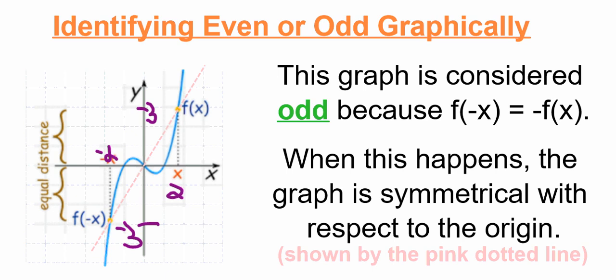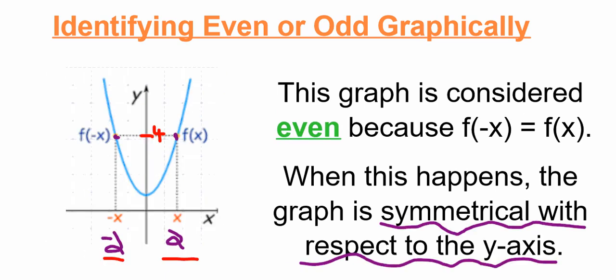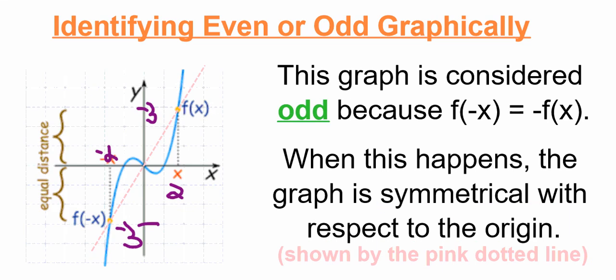There's not true symmetry like with the y-axis. With the y-axis, if we would have folded the graph over the y-axis, the graph would have laid right on top of itself. Here it's a different kind of symmetry because certainly if we fold it over the pink dotted line, we are not going to get where the graph matches up on each other, but you can see there's a type of symmetry over this dotted pink line, and that's what we're referring to.